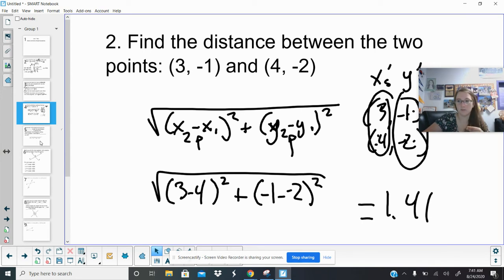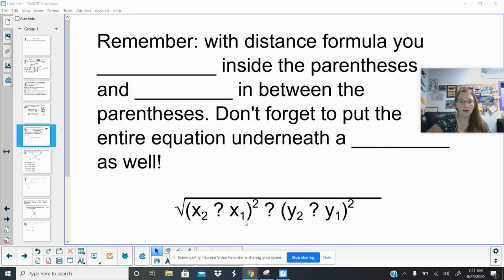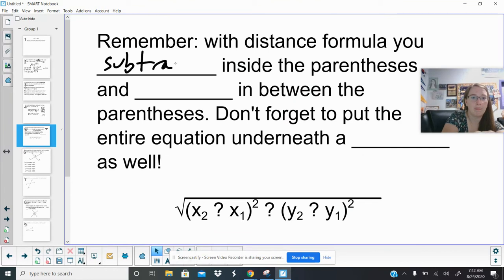Let's go ahead and talk through some of these common mistakes here. With distance formula, what goes inside the parentheses? Go ahead and answer. You have it written down on your notes. Inside the parentheses is subtraction. And then in between, so where we have this question mark here, what goes here?